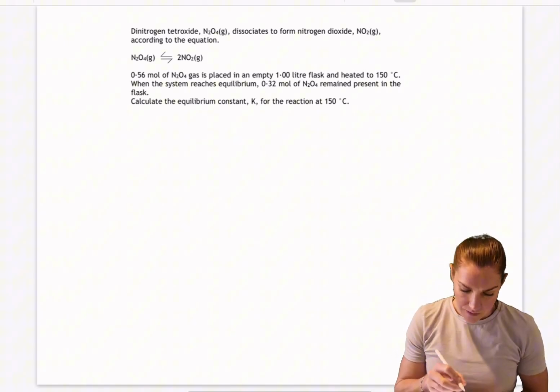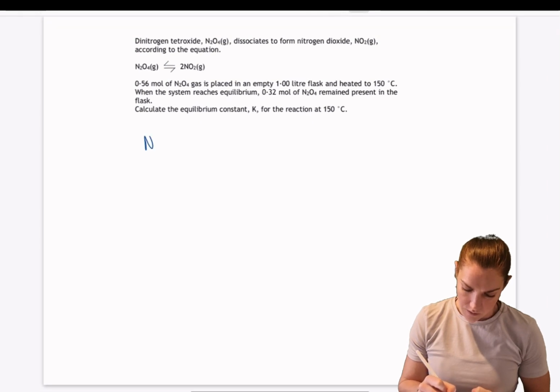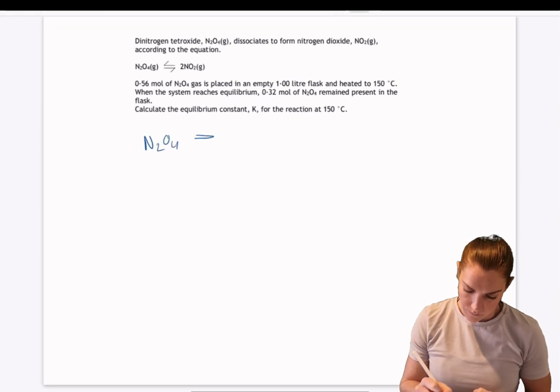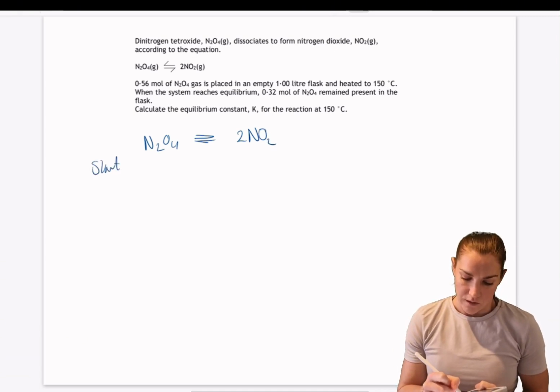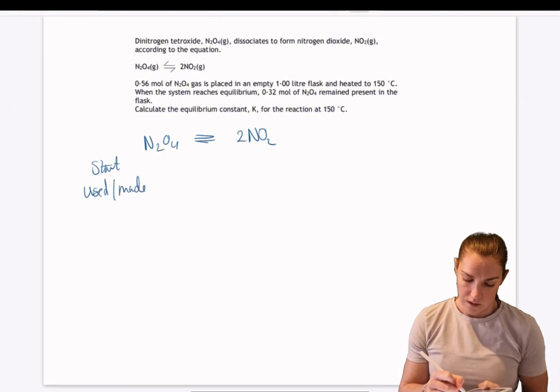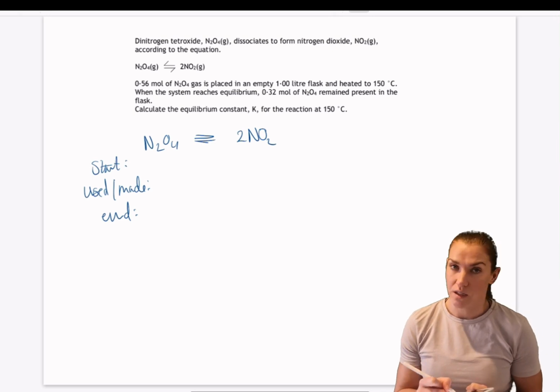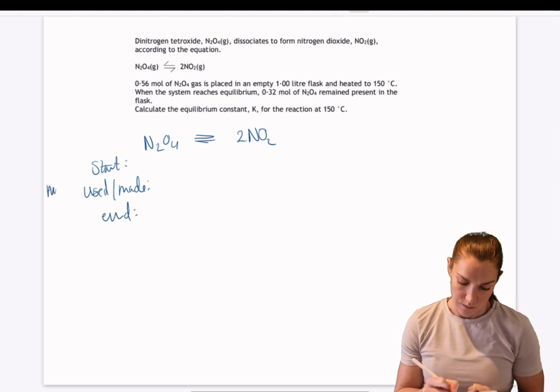So again, if I write out the equation, so N2O4 and then 2NO2. I'll have my start, used, made, and then end lines. And just remember, the middle line is the one we're interested in, and this is where we apply the mole ratios.